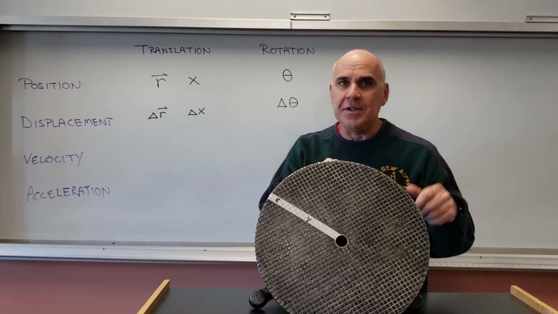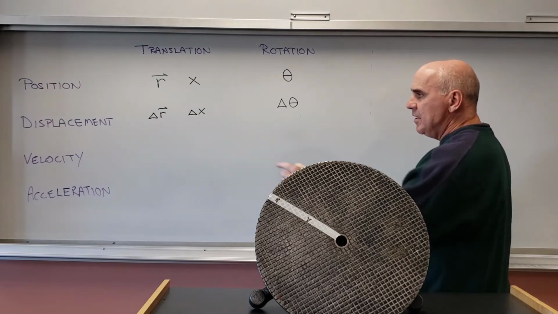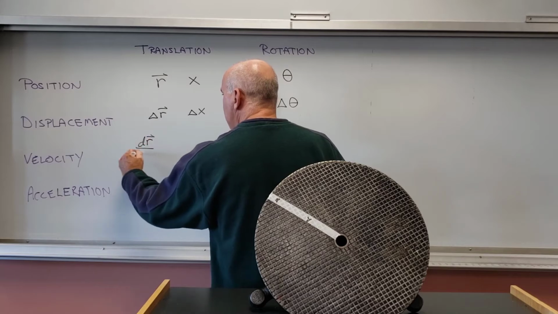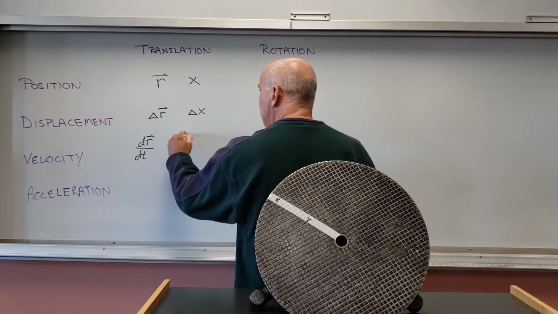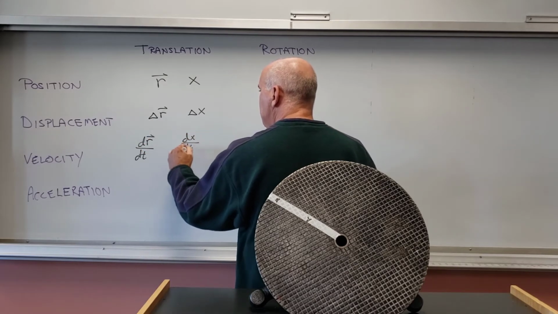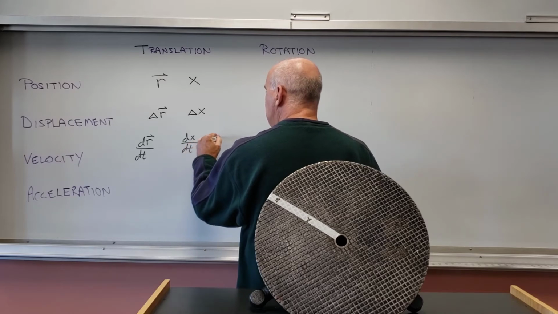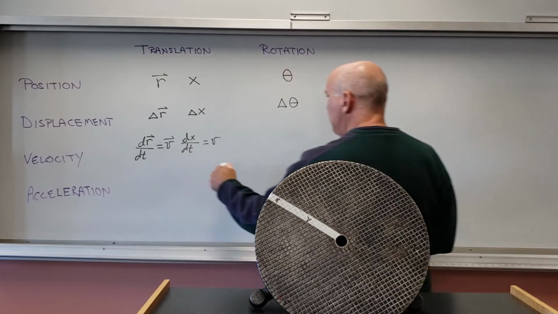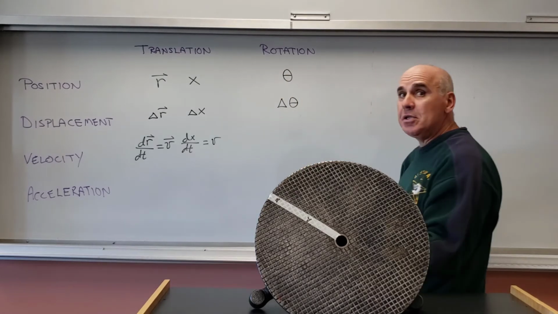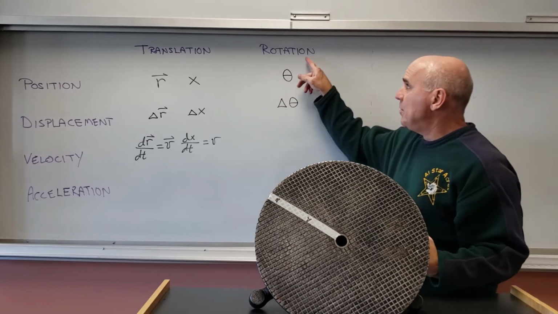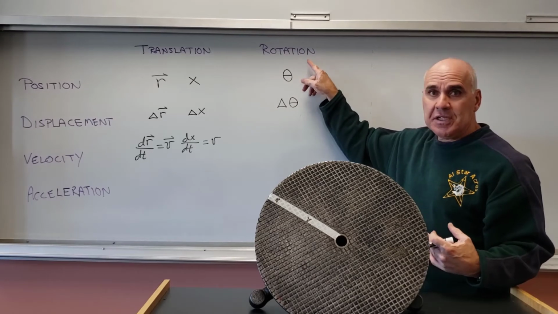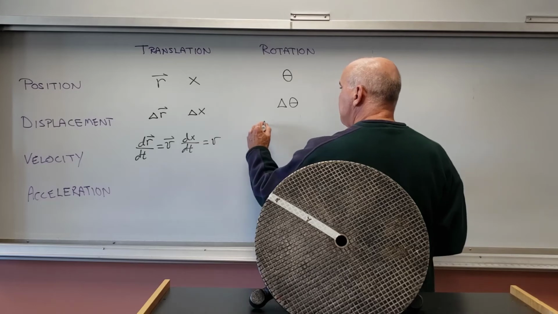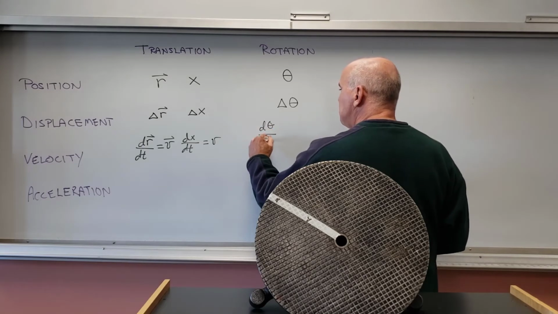We're going to define angular velocity the same way we did translational velocity. This was the derivative of r with respect to time, or in 1 dimension, the derivative of x with respect to time. And these were equal to velocities. In this case, that velocity is a vector quantity. Over here, we're going to have an angular velocity. All I do is put the word angular in front of my rotational parameters. So the angular velocity is the derivative of theta with respect to time.